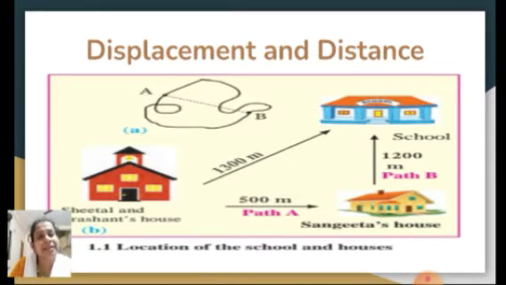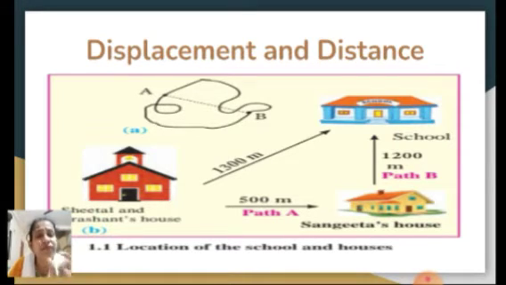You can see that there is a way directly from home to the school. Both are walking at the same speed. Then who will take less time to reach the school and why?